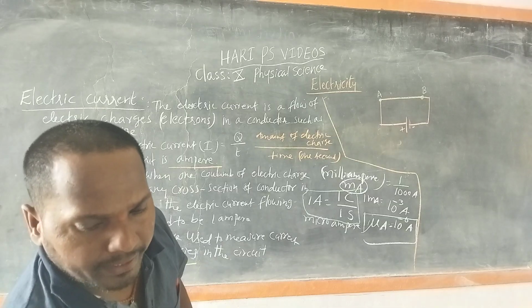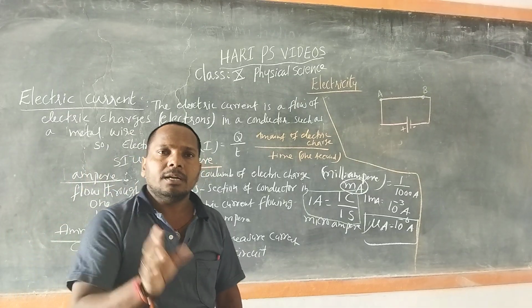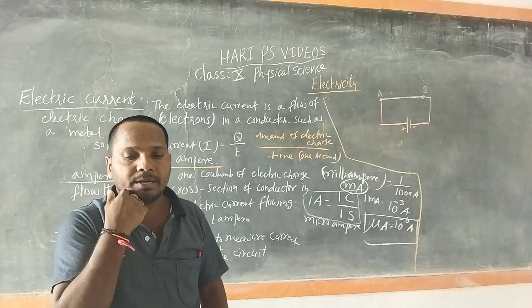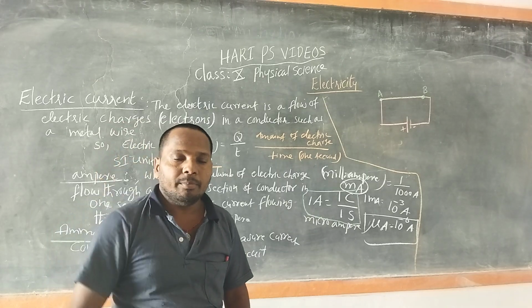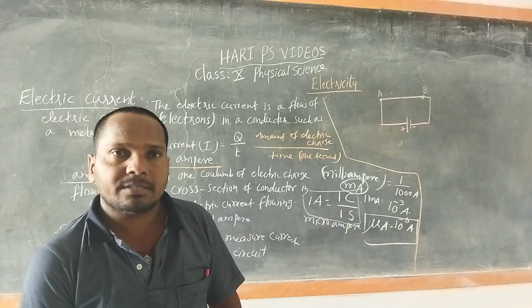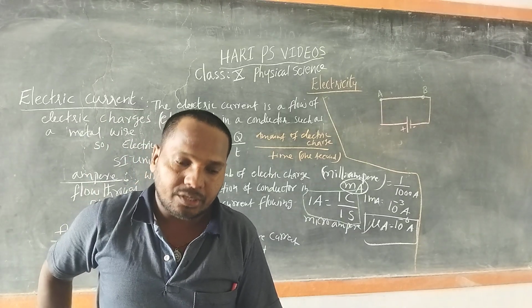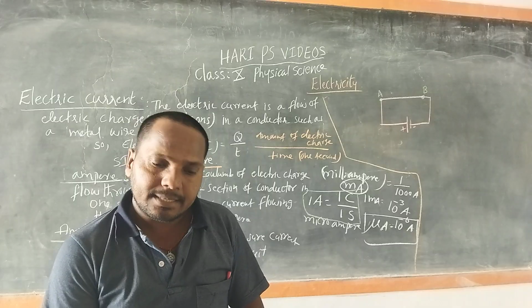So a potential difference is maintained between the terminals, and the potential drives the electric current in the conductor to which the cell or battery is connected.